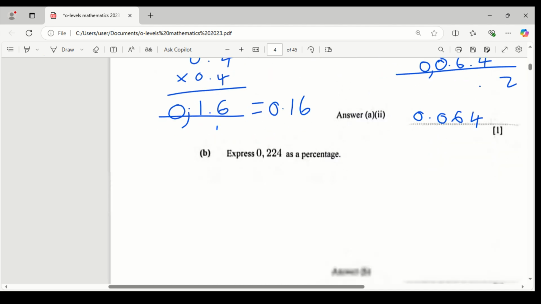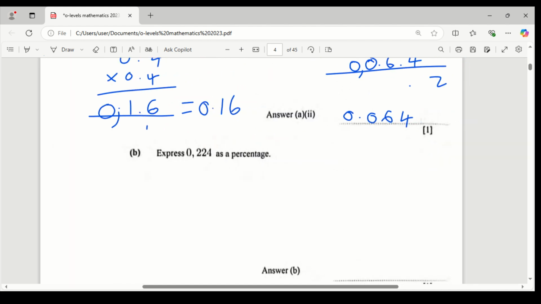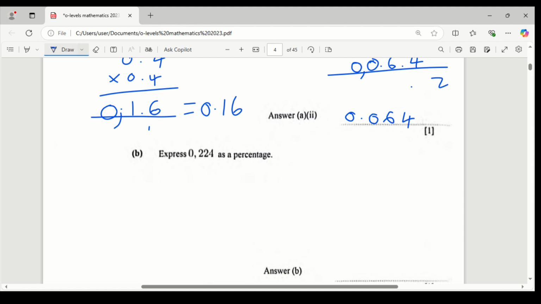Now the next question is saying express 0.224 as a percentage. So the first thing, when you're given a decimal number and you want to convert it to a percentage, you can first convert it to a fraction, and then you simplify.